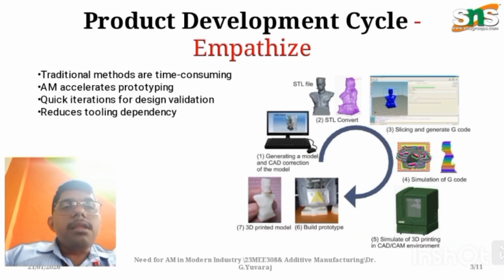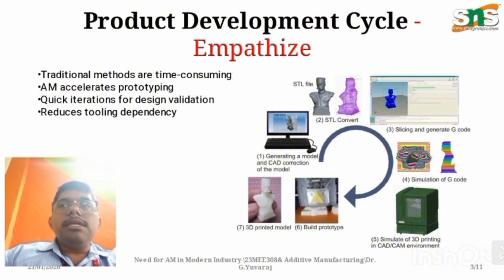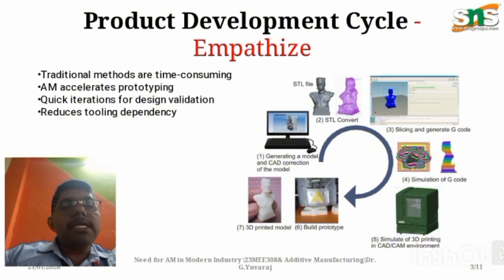Okay. Now, how does a design become a product in the product development cycle? Here is a flow chart on the screen. The first step is generating a model and making CAD corrections to the model on the desktop.